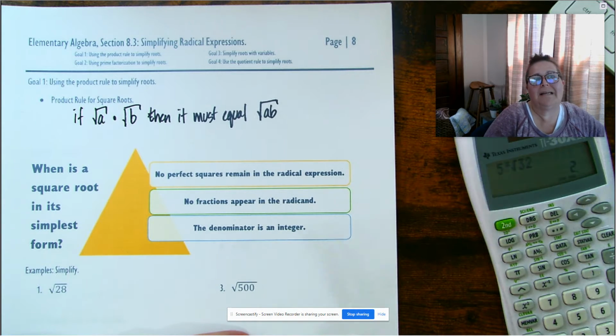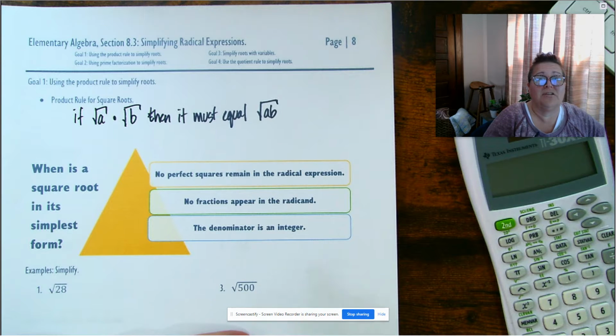When is a square root in its simplest form? Three big ideas. There can be no perfect squares remaining in the radicand. So you can't take another 25 out, you can't take another 16 out, you can't take another 9 out. No other perfect squares are factors of the radicand. No fractions appear in the radicand.